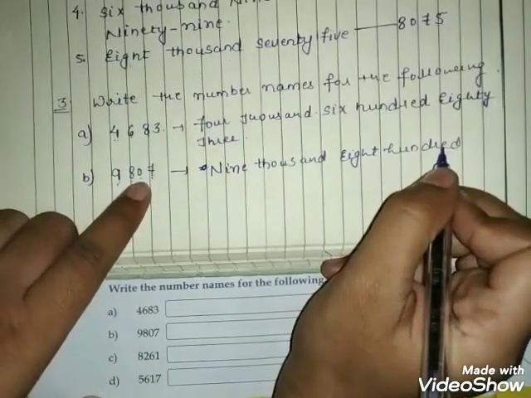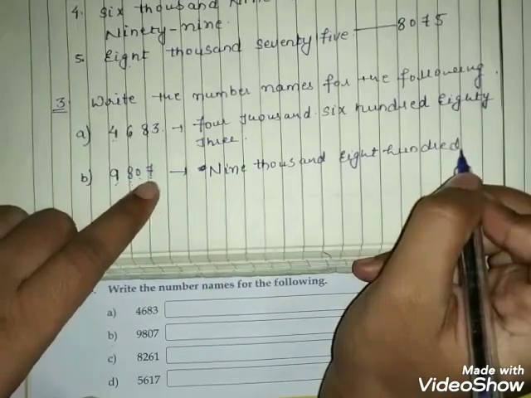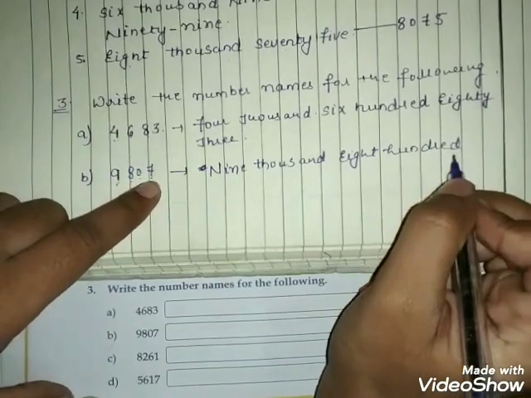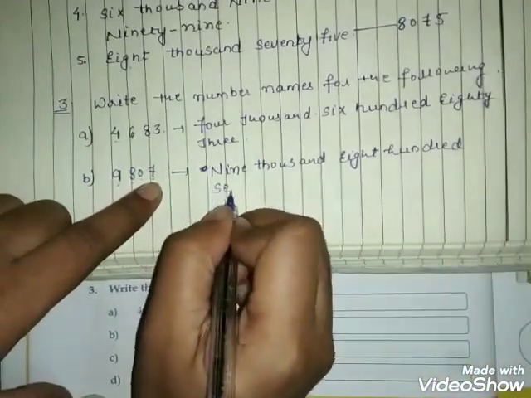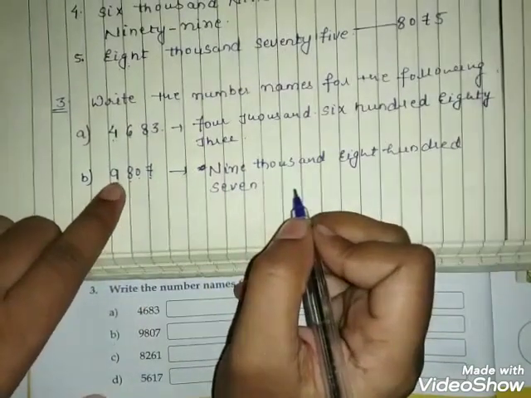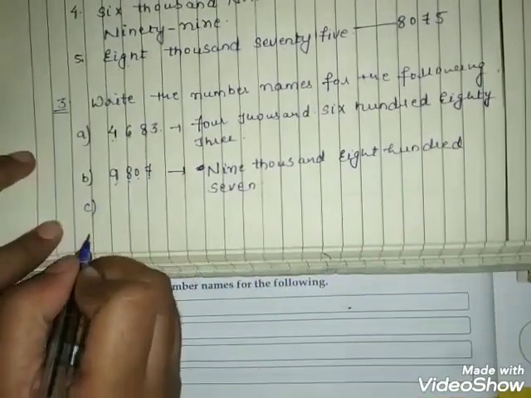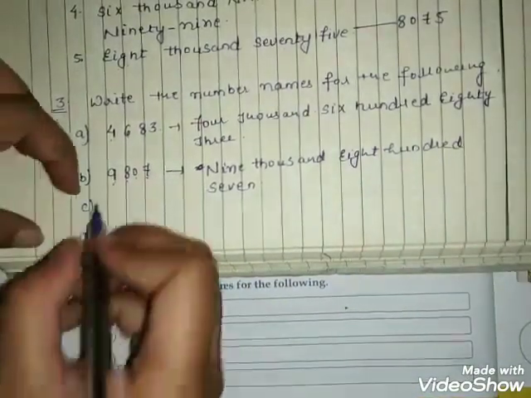At the tens place, it is 0, so we will write nothing for the 10. But at the ones place, it is 7, so we will write 7. So what must be the answer of this question? 9,807.